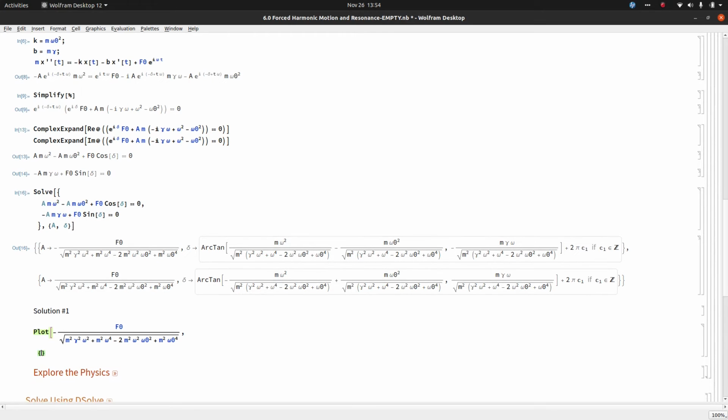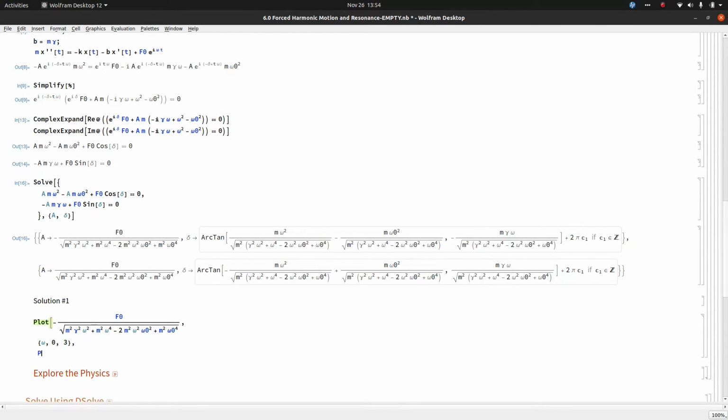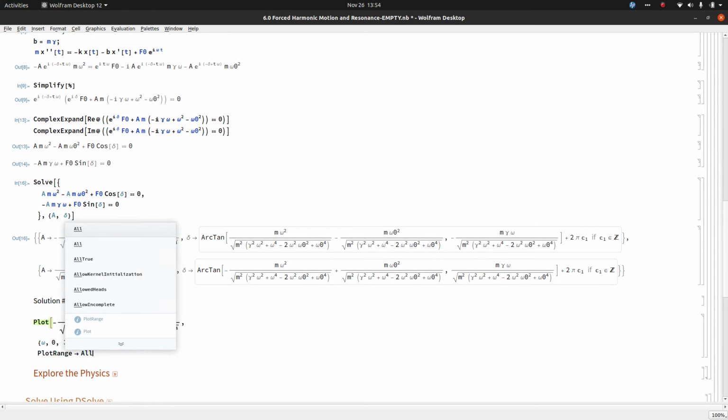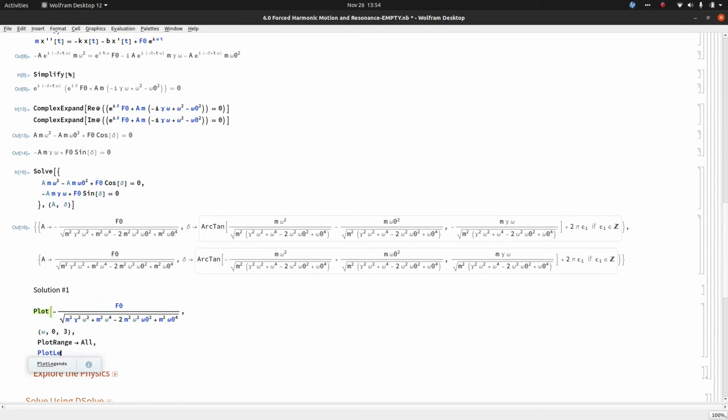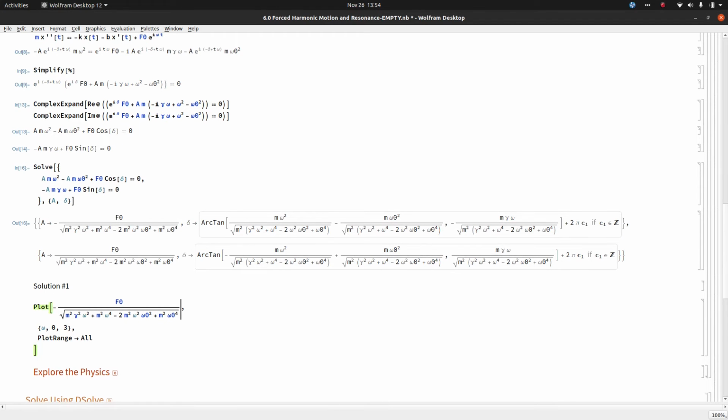We're going to see what happens as we change the driving frequency. We'll go from 0 to, let's say, 3. And we'll make the plot range go to All, so we can see everything. Actually, that's it. We'll just keep the plot range to All.